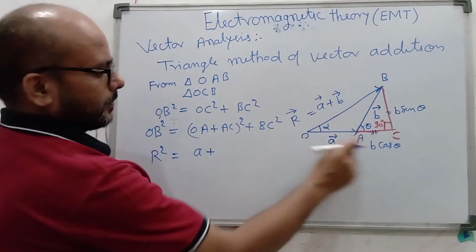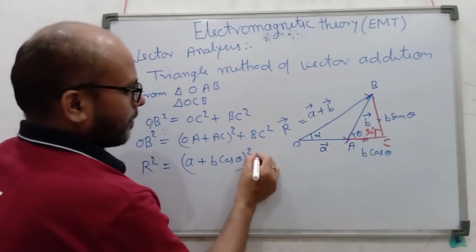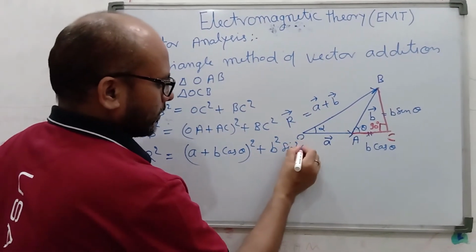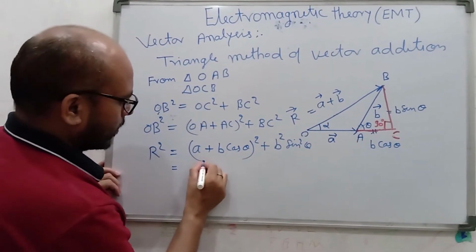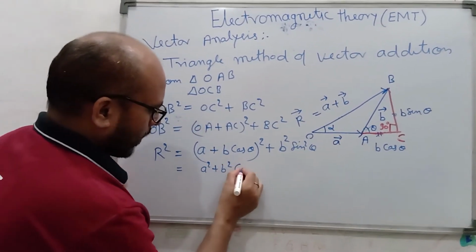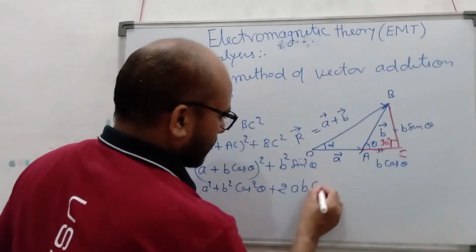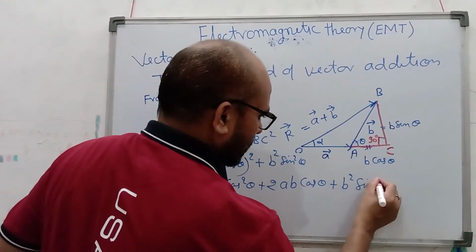A cos theta whole square plus B square sin square theta. So simplify this equation: A square plus B square cos square theta plus 2AB cos theta plus B square sin square theta.